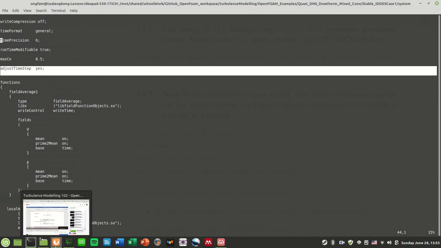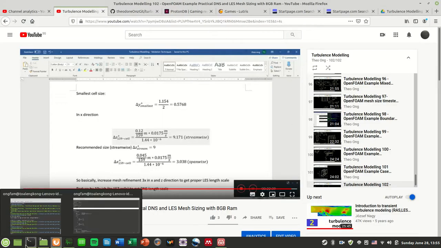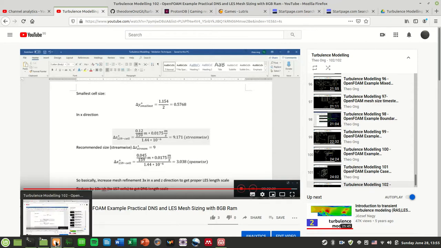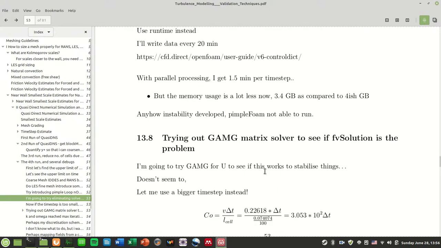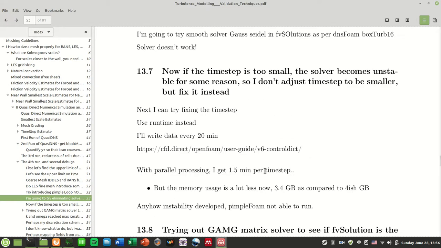When the time step becomes really small, the Courant number will explode anyway, so the solver becomes erroneous. Now, if I try to fix the time step, the instability still happens. I don't know why. It will just blow up.